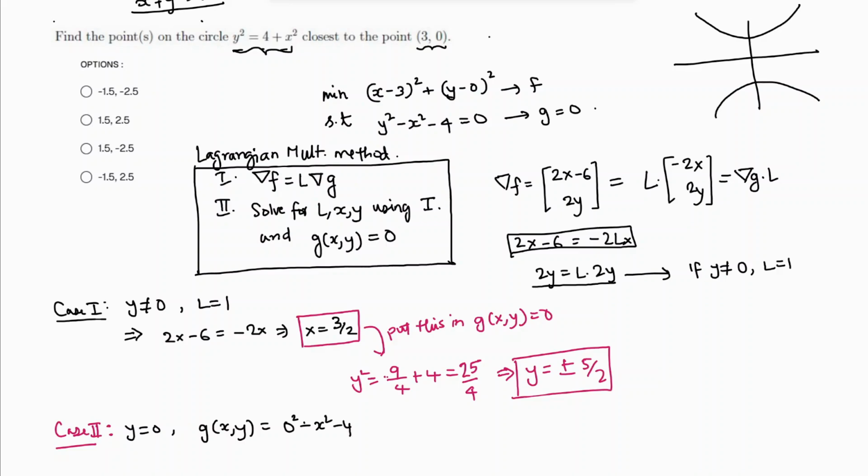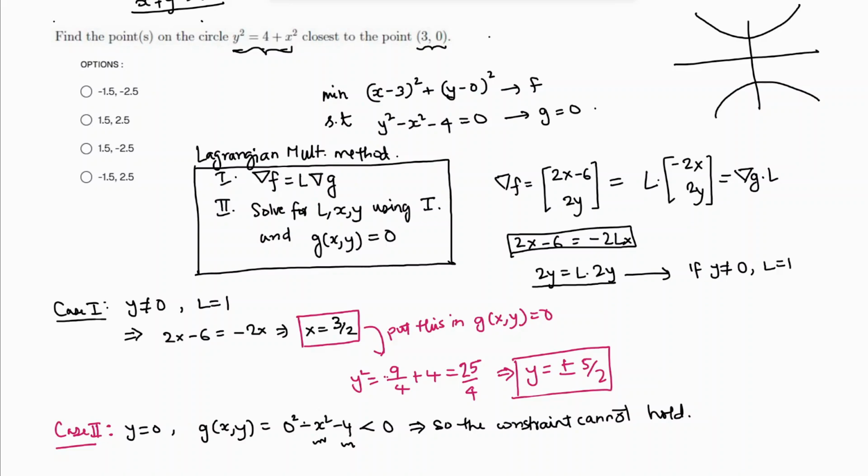But this can never be 0, because x square is a positive quantity and minus 4 is negative, so this will always be strictly less than 0. So the constraint cannot hold. In fact, this means that y has to be non-zero.